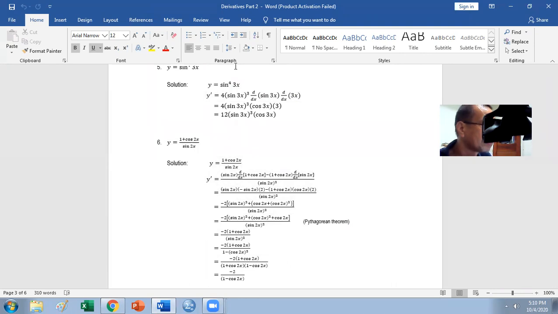So, I can rewrite this as y equals 1 over sine 2x, that is cosecant of 2x. That's cosecant. And then, plus the cosine 2x over sine 2x is cotangent 2x.